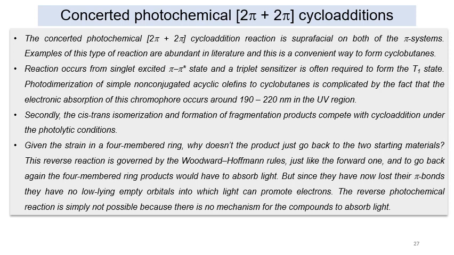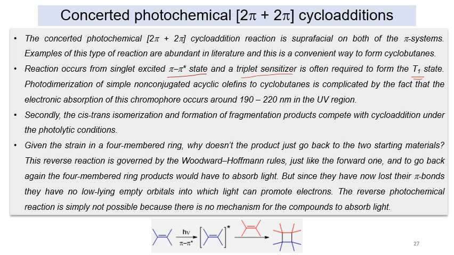So a variety of reactions are known for this kind of cycloaddition. The reaction usually will occur in the excited π* state, and usually for a triplet type of state you would need a triplet sensitizer, okay, to form the T1 kind of state.